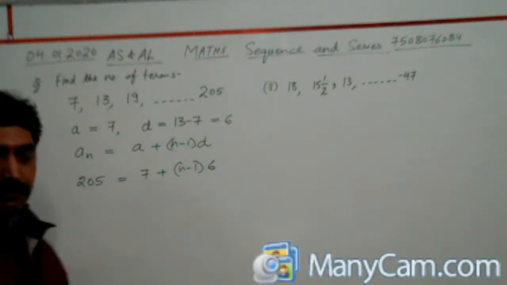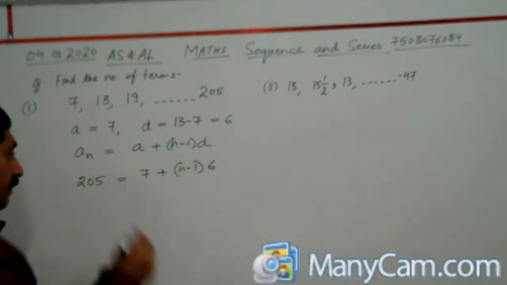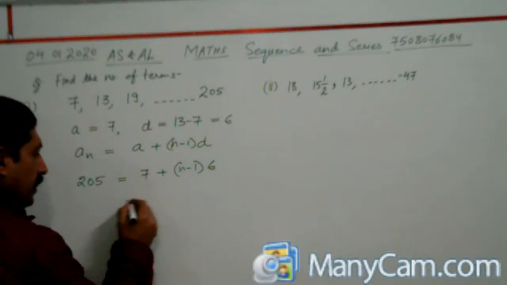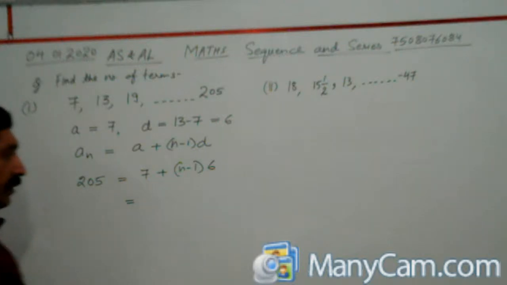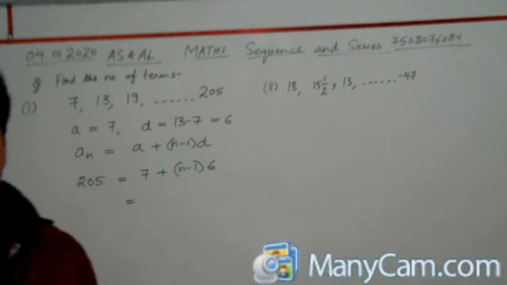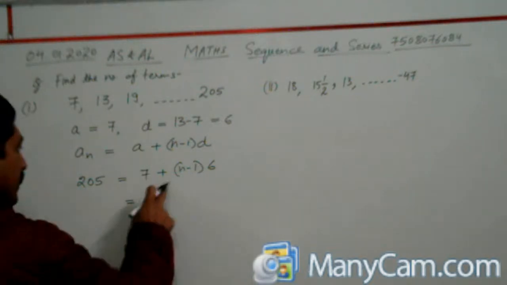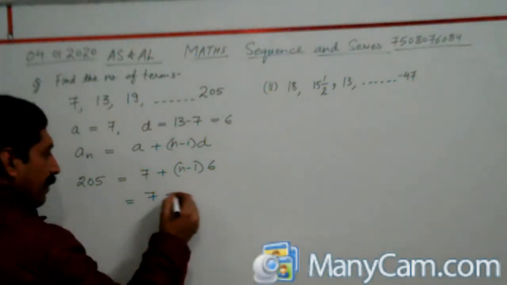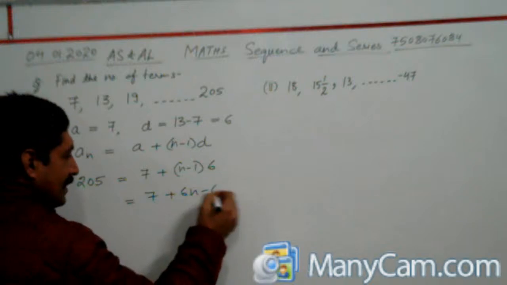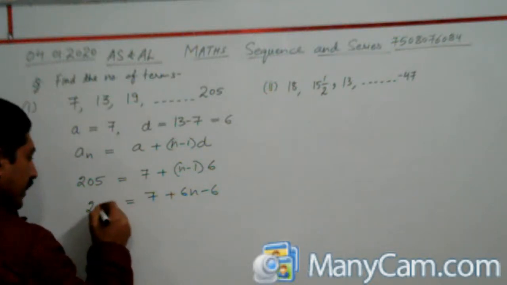So quickly solve it and tell the values. You can solve for n. A simple linear equation is here, that is 7 plus 6n minus 6 is 205.